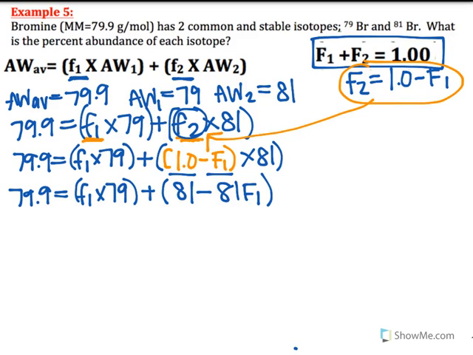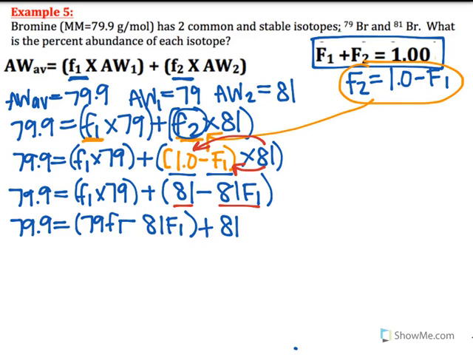You see, I've distributed the 81 to both the 1 and the F1 here to make 81 minus 81 F1. And now, rearranging the formula, I've simply moved the 81 F1 towards the 79 F1. And I'm going to simplify this, and I'm going to subtract this.